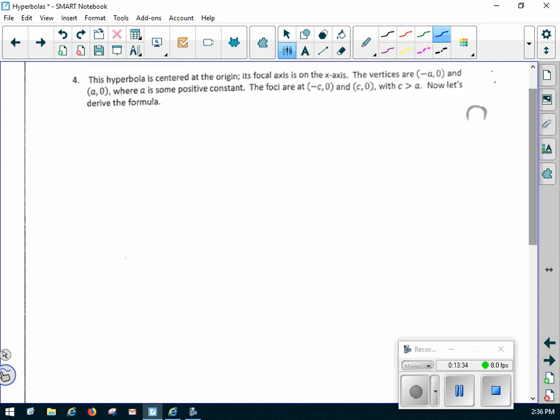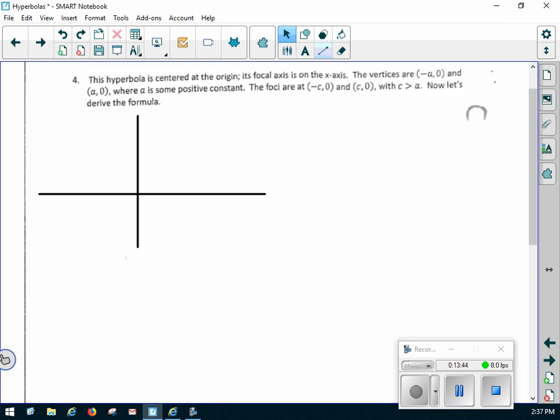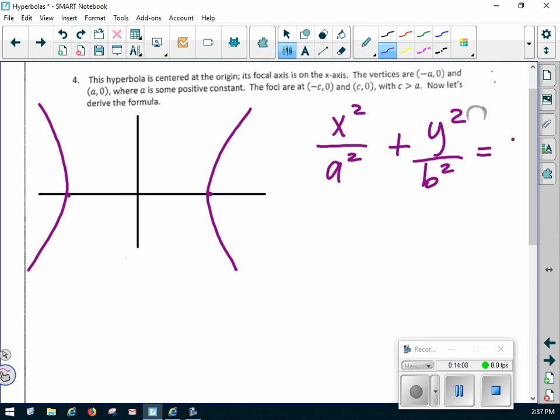The formula that you're going to get out of here is for a hyperbola that opens left and right. Do you remember in an ellipse, the formula looked like this?